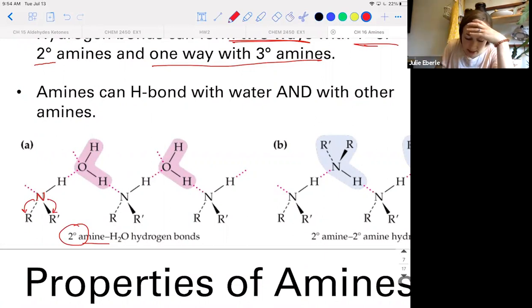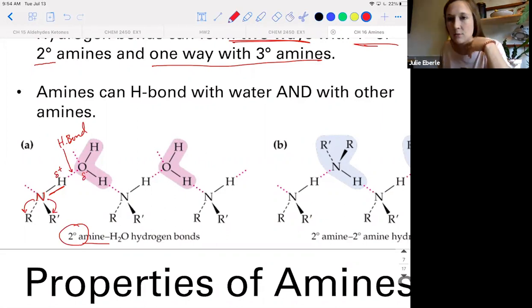So we see this nitrogen also has a bond to hydrogen. And then that hydrogen is forming right here, the dotted line, this is the hydrogen bond with this water molecule that's highlighted in red. So the hydrogen here is partial positive, and we know the oxygen is partial negative, so you get a hydrogen bond between those two.